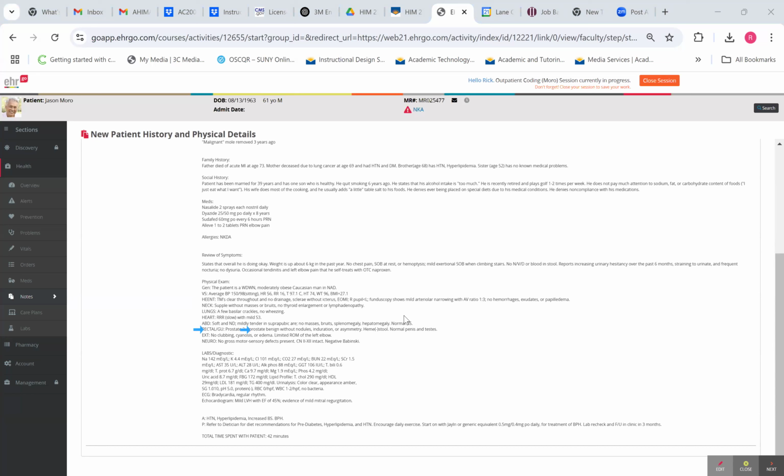So they did a digital rectal exam and they found an enlarged prostate, right? Labs, what do we have here? FBG of 172, meaning he's got elevated blood sugar or abnormal glucose.